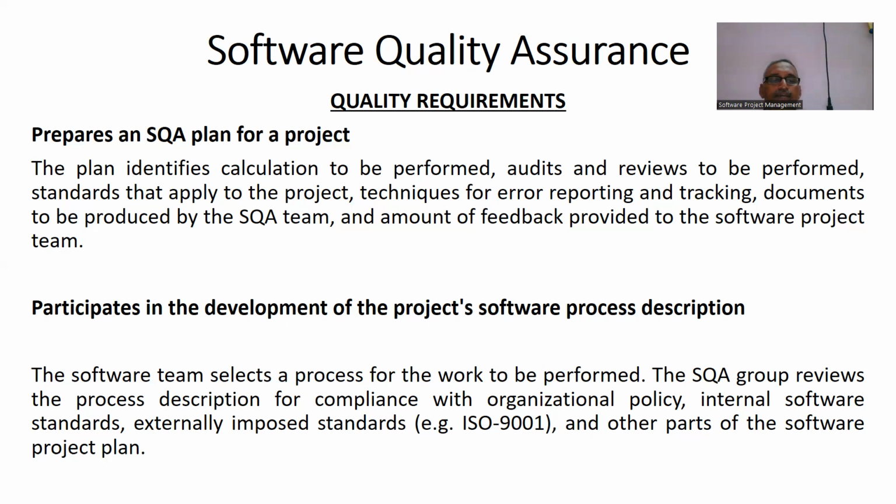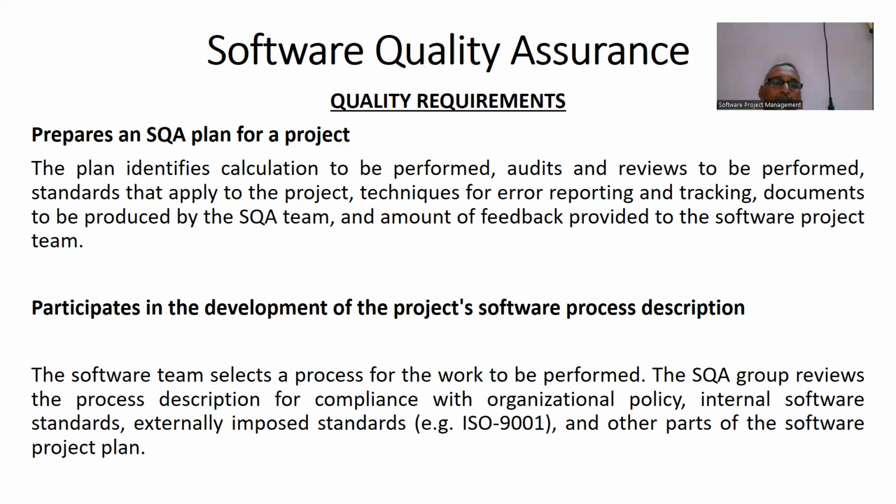The plan identifies evaluations to be performed, audits and reviews to be performed, standards that apply to the project, techniques for error reporting and tracking, documents to be produced by the software quality assurance team, and amount of feedback provided to the software project team.